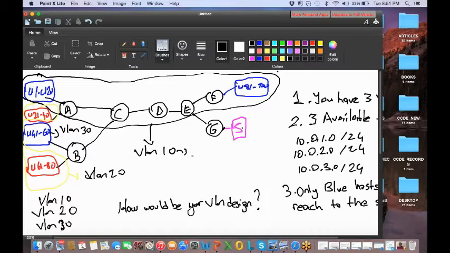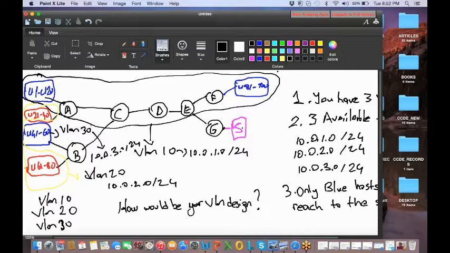VLAN 10 is 10.0.10.0/24, VLAN 20 is 10.0.20.0/24, and VLAN 30 is 10.0.30.0/24.